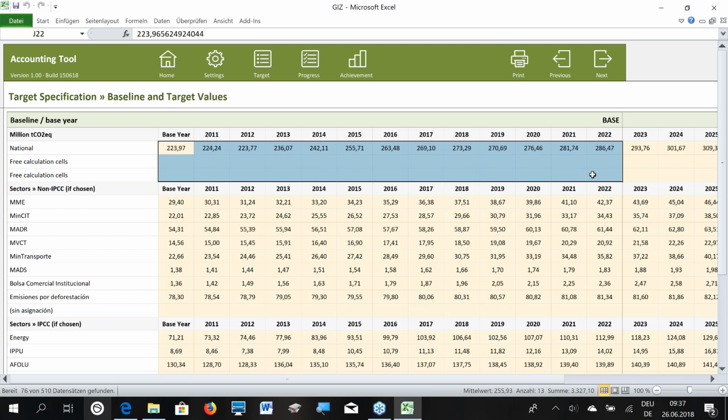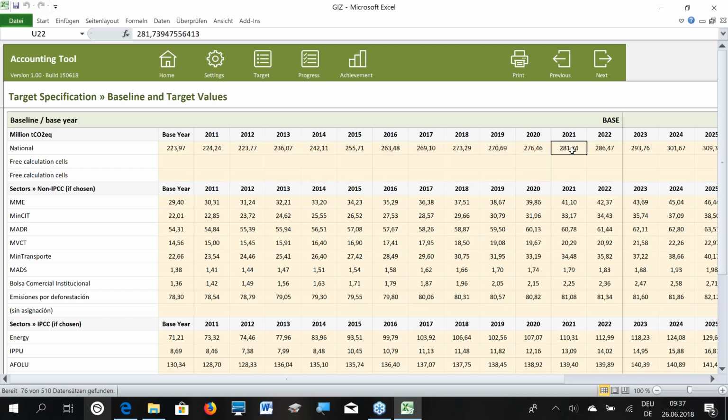Although also in the Colombian case the target here is 2030, still, at least for transparency purposes, and also to know better as a country if you're on track for achieving your NDC target, they went for this annual tracking mode. And as I said, here's also this baseline information for this alternative sectoral breakdown of the NDC.